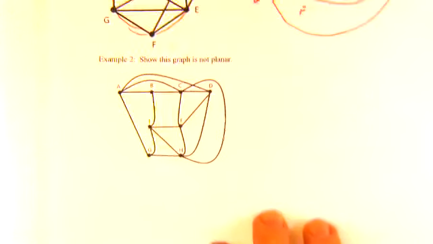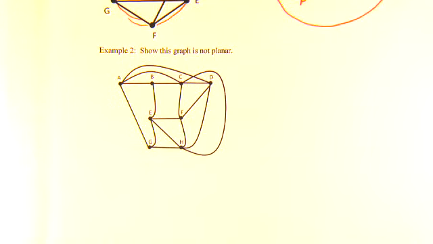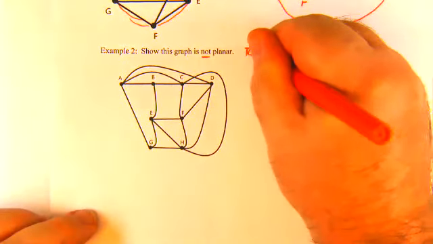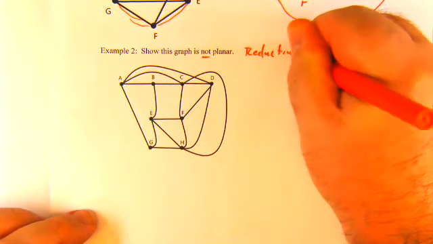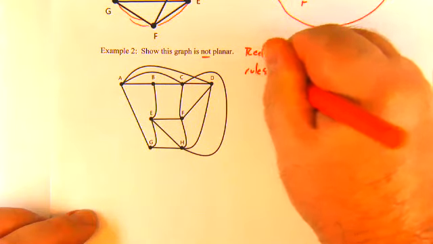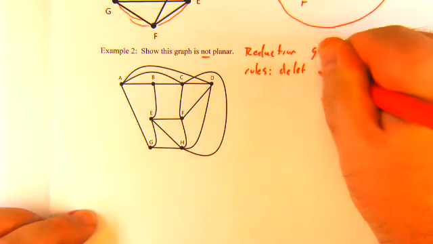So here's a graph, example 2. This is a graph that we don't know whether it's planar or not, but we want to show that it's not planar. We want to play this game. I'll call it the reduction game. The rules: you can delete an edge.